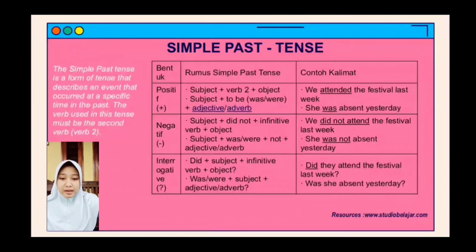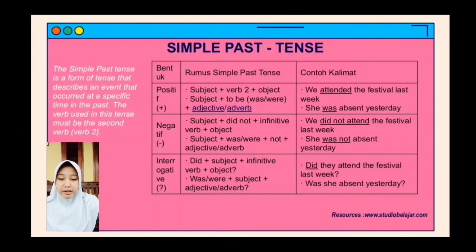The formula of the negative form is subject plus did not plus infinitive verb plus object. The example is, we did not attend the festival last week. It can also be subject plus was or were plus not plus adjective or adverb. The example is, she was not absent yesterday.